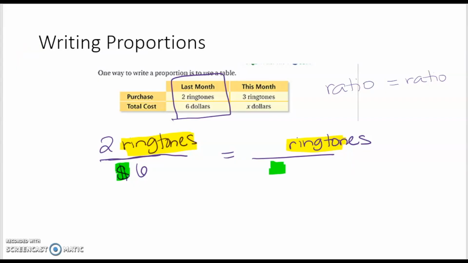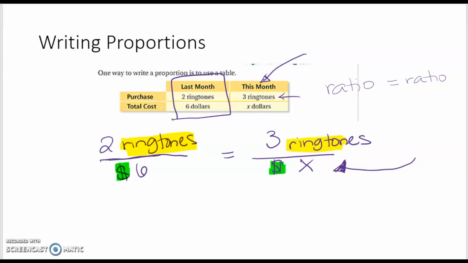The denominator has to be talking about dollars. So when we're reading our table, our second ratio has 3 ringtones, so that has to go in the numerator. And our dollars is an unknown amount. So what we're going to learn how to do is how to actually solve our proportion for the unknown amount.